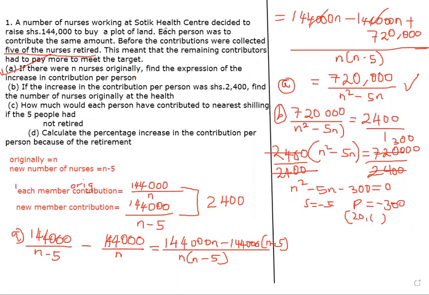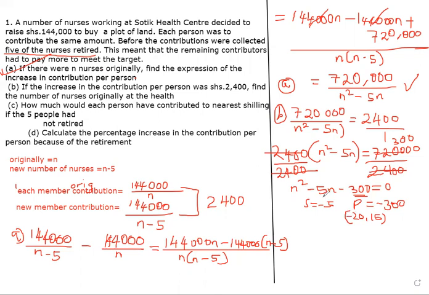Now, like I said before, we can just check which one. How do you get these numbers? 300, just split 300 into its prime factors, you will get these numbers. So we have 20 and 15. If the sum is negative and the product is negative, we negate the bigger value.